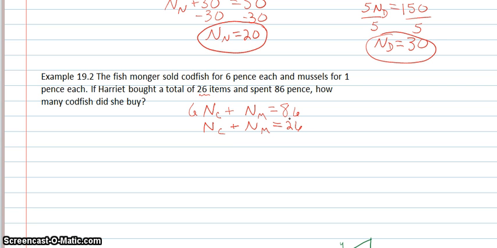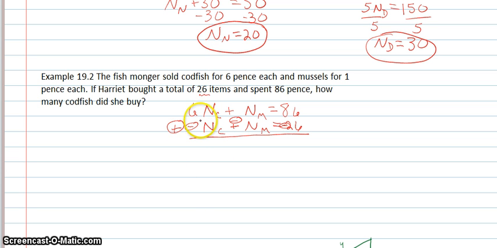Alright, then since the number of mussels have the same coefficient, what I'm going to do is just multiply everything by a -1, which will just change their sign. And then I can add the equations just as they are to eliminate the n sub m.